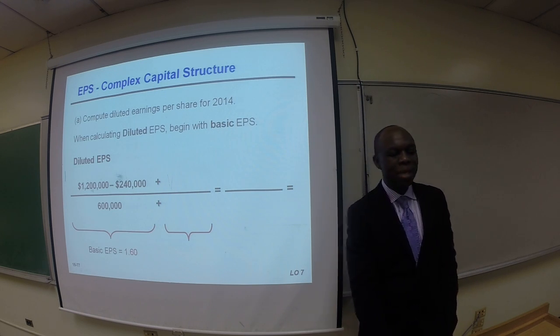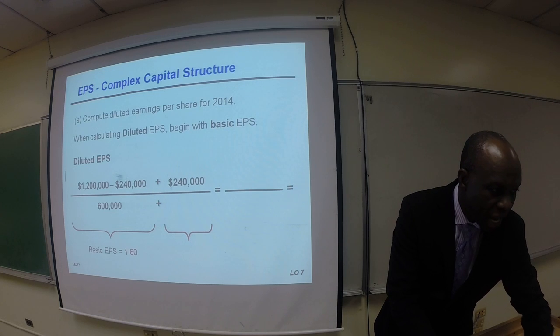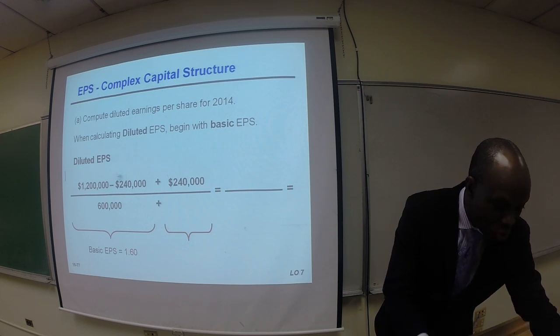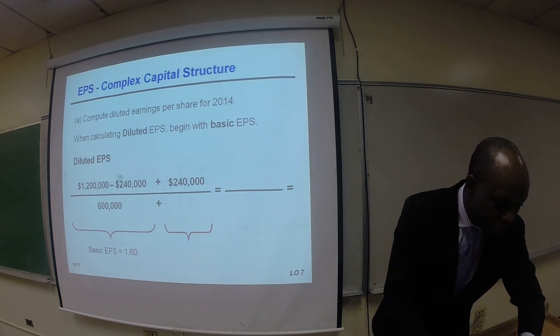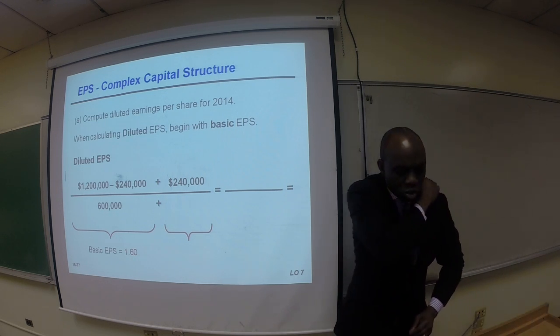The basic EPS as previously computed is $1.60. Let's take a look at the adjustment that we are going to make in calculating the diluted EPS.